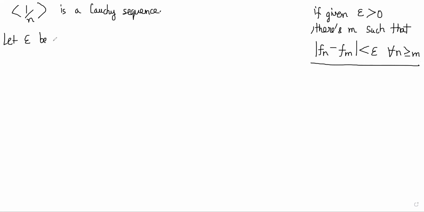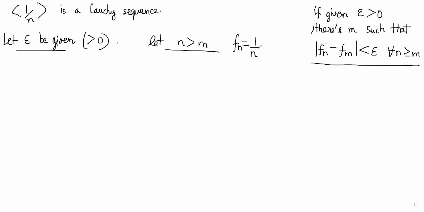Let epsilon be given, some positive number epsilon. Let n be greater than m. Fn is 1 by n.